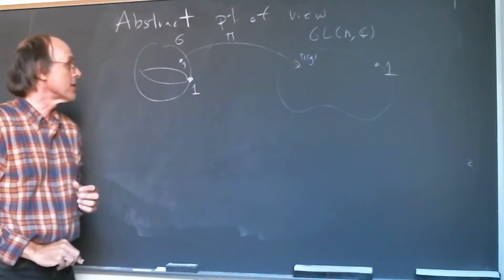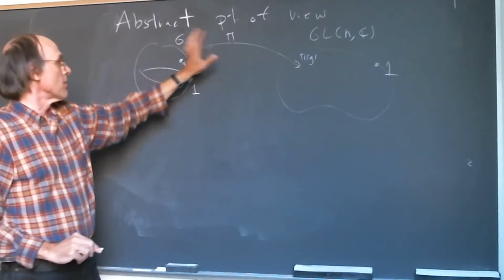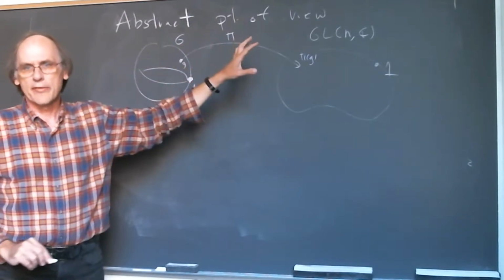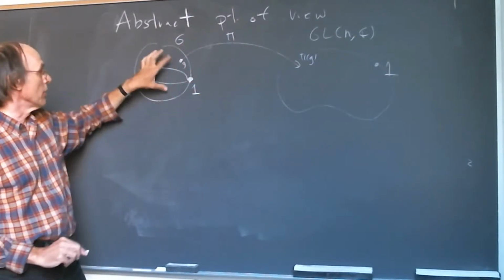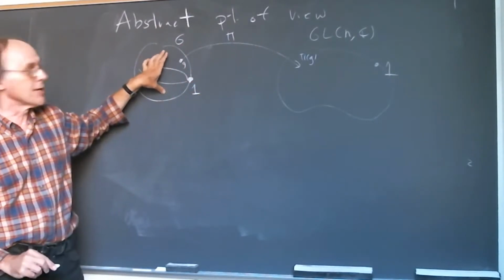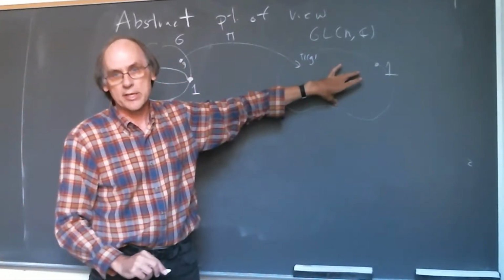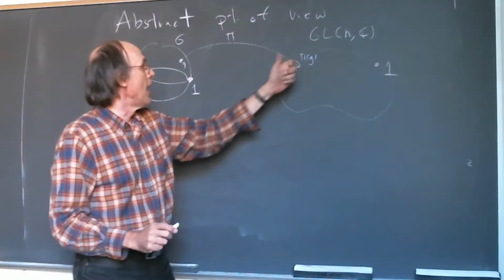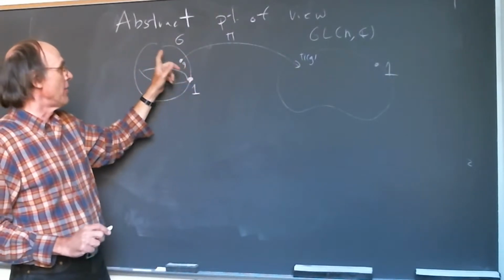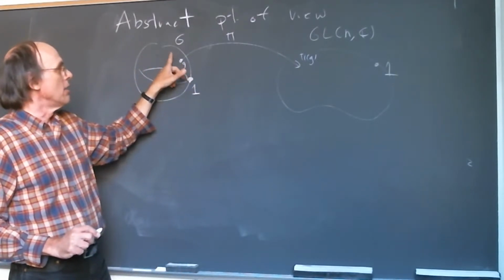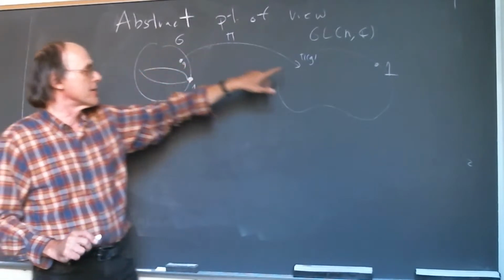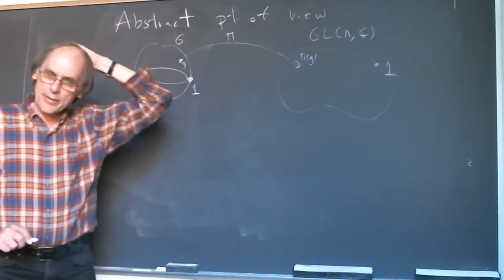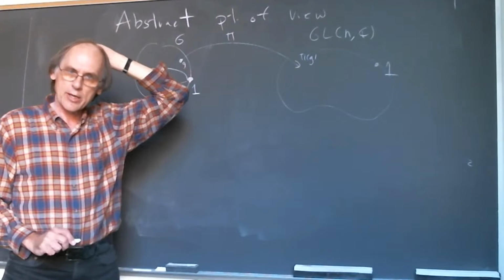Okay, now this is a horrible nonlinear problem. This is a really complicated nonlinear space, and this is a complicated nonlinear space. You can't add these things and get a third one. It's a very tightly constrained map from this nonlinear space to this nonlinear space, and that's a very hard thing to work with.